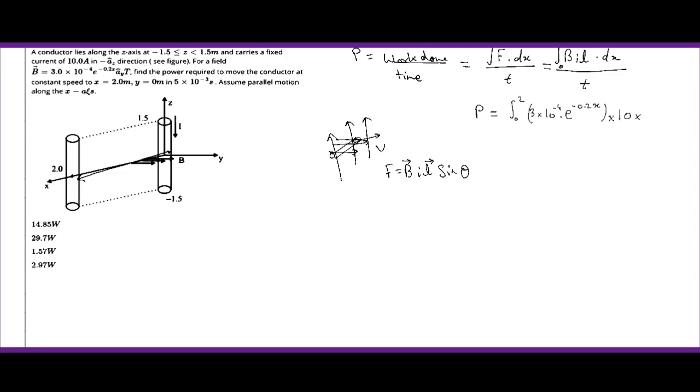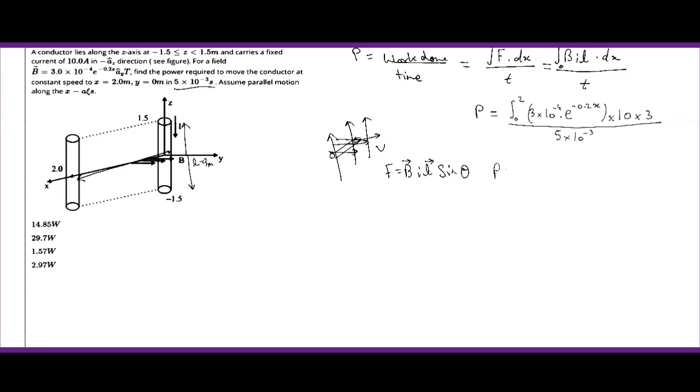We can see that this is positive 1.5, this is negative 1.5, so the value of L is 3 meter. So we put the value 3. Now we are dividing this with the given time, and the time given to us is 5 × 10^-3 seconds.